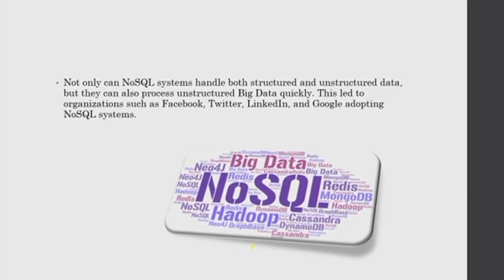Continuing talking about NoSQL features and characteristics, the NoSQL system in the beginning was developed as a response to the need for processing unstructured web data from the millions of web users, and the need for faster processing.